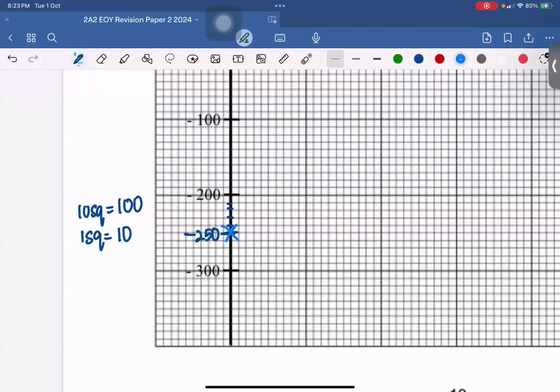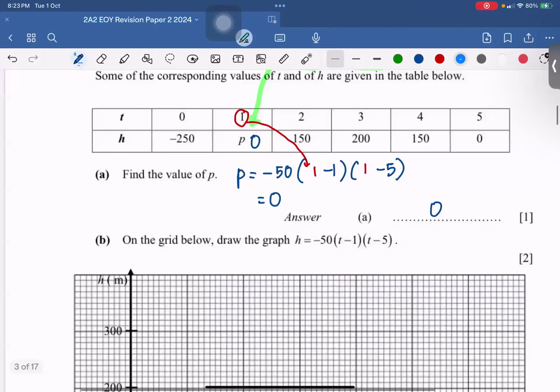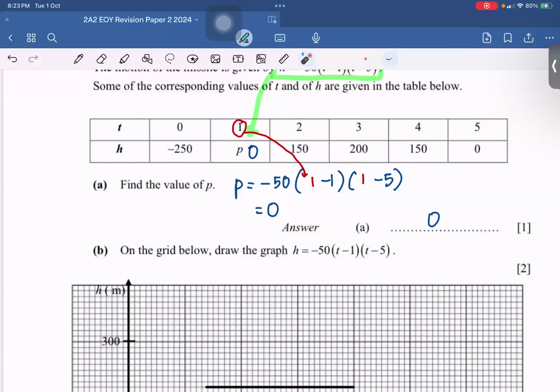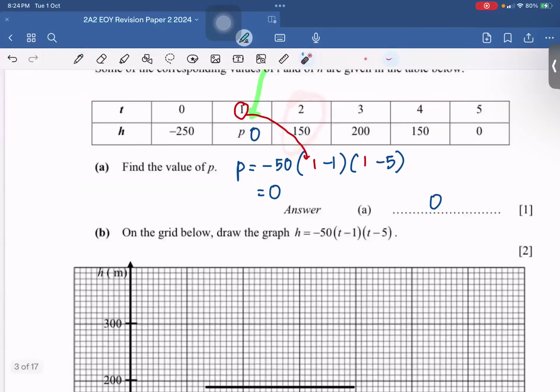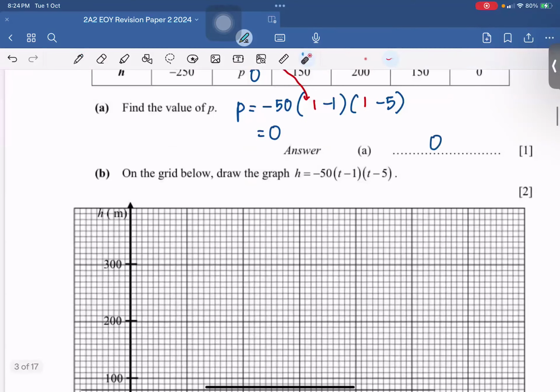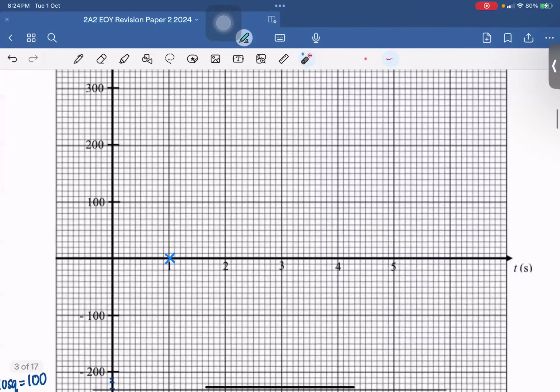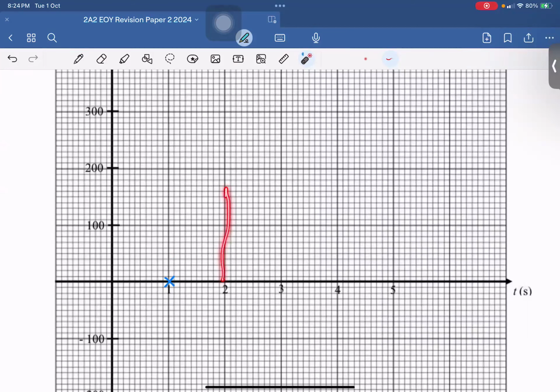When x is 0, I have this answer. First one, mark a cross. Next point, when x is 1, the height is 0. So block 1, never go anywhere, the height is at 0. Next one, block 2, 150. So at level 2 and 150, count 5 squares: 1, 2, 3, 4, 5.